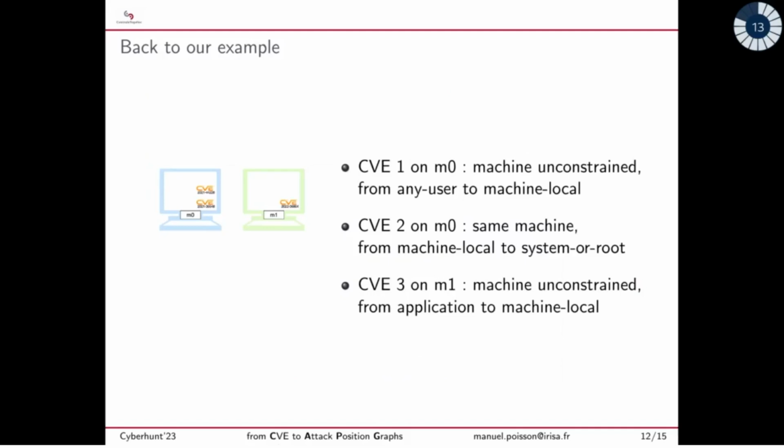For the third CVE, there are no constraints between source and destination machine, so it can be exploited remotely. And you go from a user that only exists in an application to a user that exists on the machine.